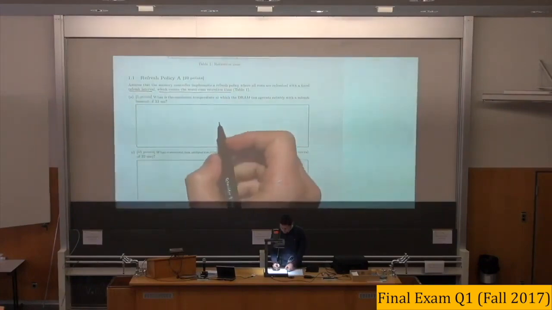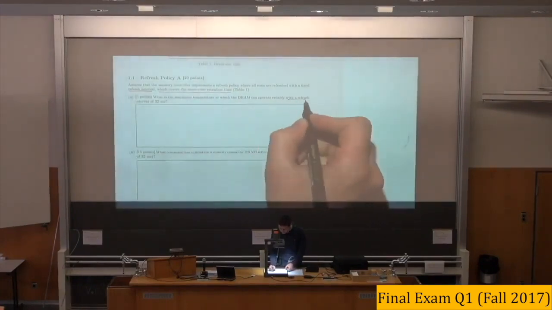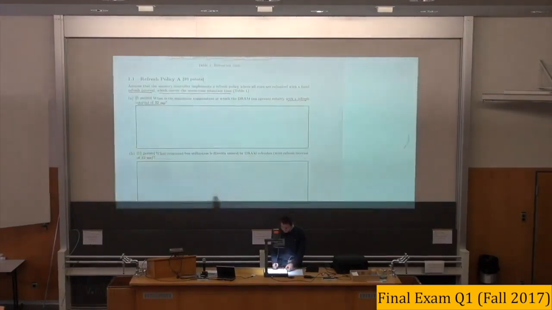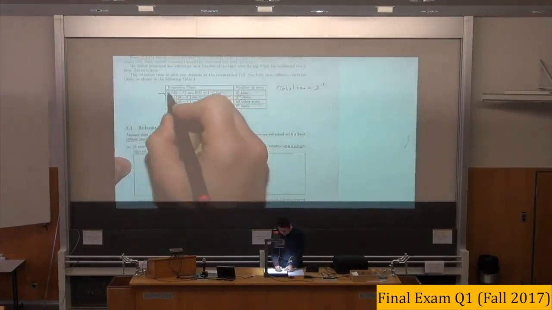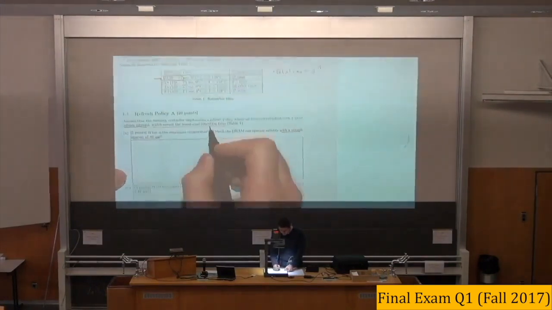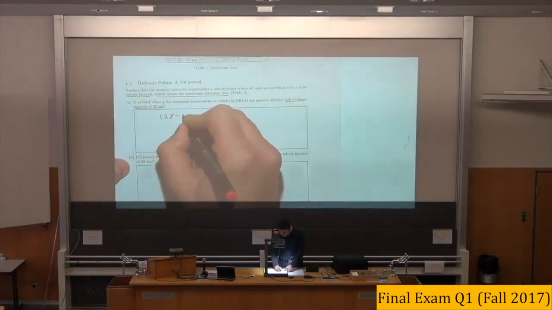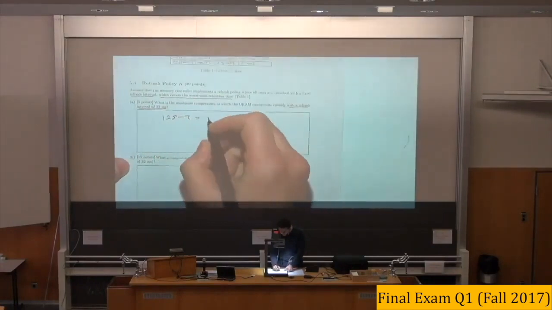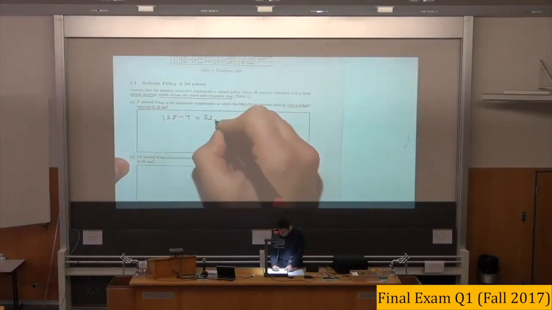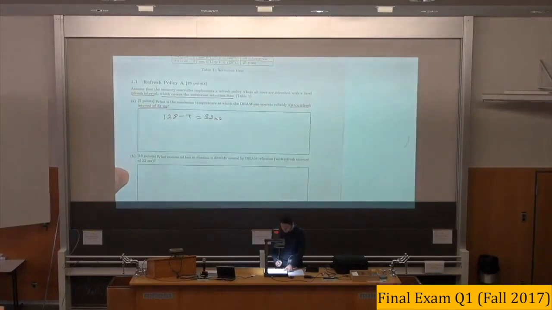So given that, policy A says let's assume the refresh interval is 32 milliseconds. What can be the maximum temperature so that the DRAM can operate reliably? So basically I will take this one and solve for T given the refresh interval, which is 32 milliseconds.